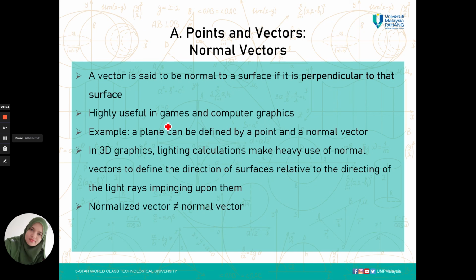And then you also have the normal vector. A normal vector is a vector perpendicular to a surface, and is highly useful in games and computer graphics, in which a plane can be defined by a point and a normal vector. But remember, a normalized vector is not a normal vector.